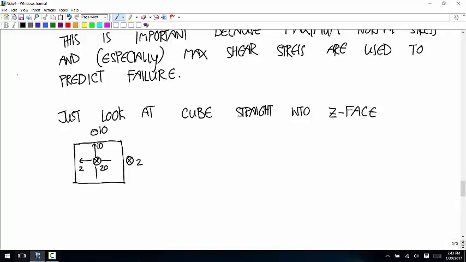And that's all? Like this? And that's all? And then there's stuff over here, stuff over here. So now our new stress cube looks like this. It's rotated 30 degrees about the z-axis.